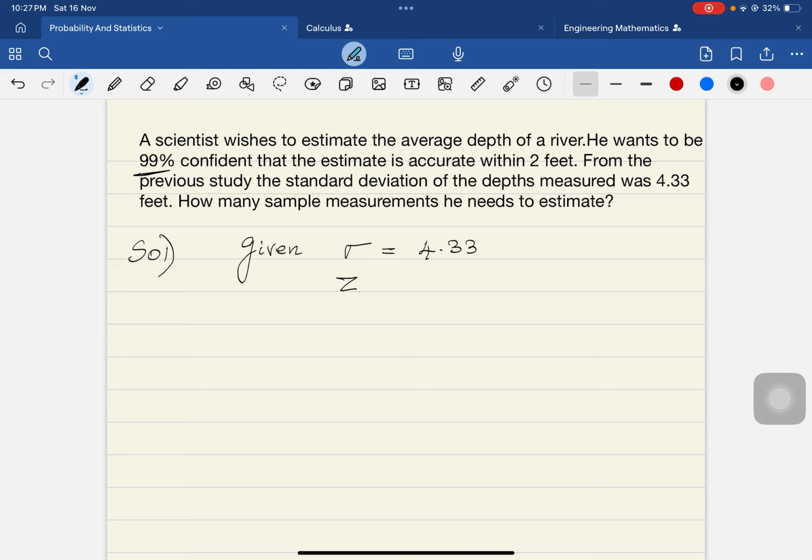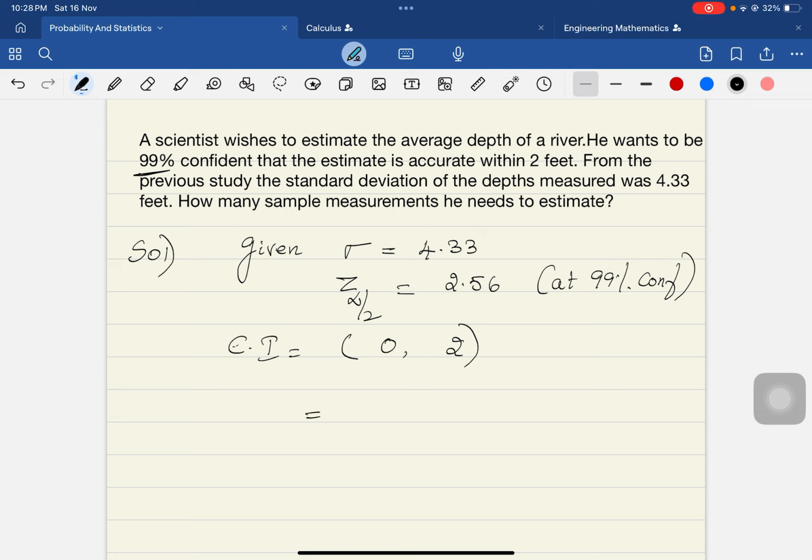So Z alpha by 2 at 99% confidence is 2.58. And it is accurate to within 2 feet. That means the interval is given as 0, 2.